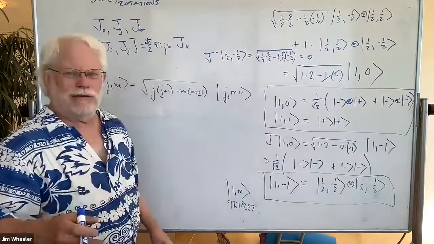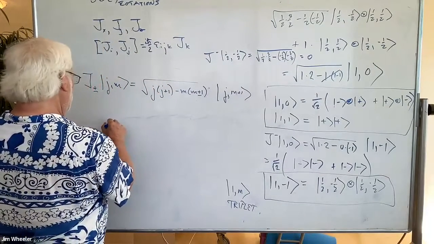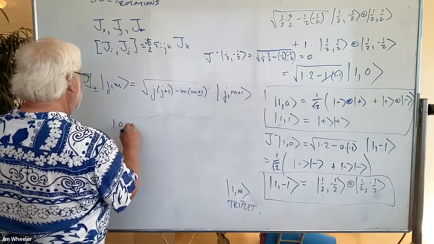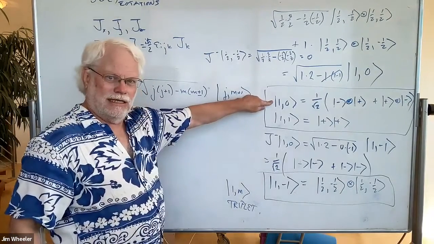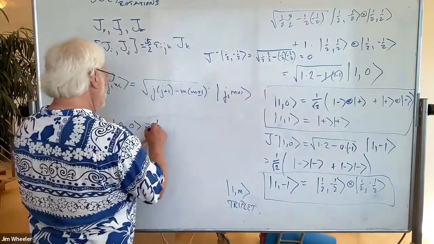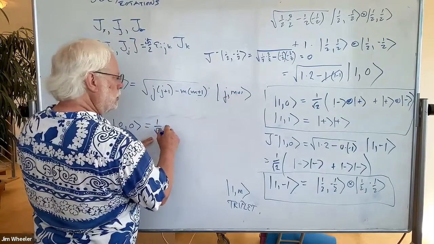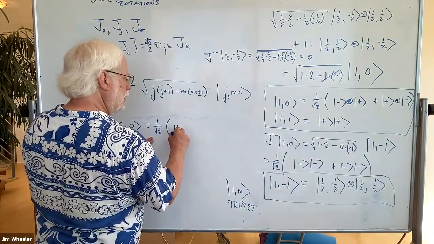These things do have a sign convention, a phase convention, but it won't matter for us. There's a singlet state, a 0, 0, which has to be orthogonal to this state. There's only 1 state orthogonal to this, so it's uniquely determined up to phase. 1 over root 2. Let's take it to be a half.